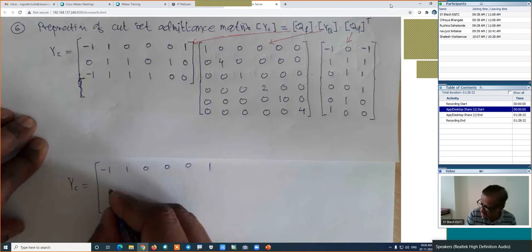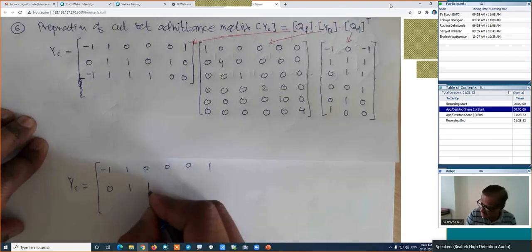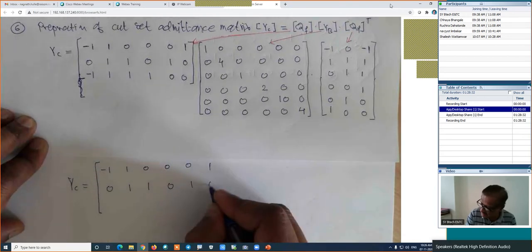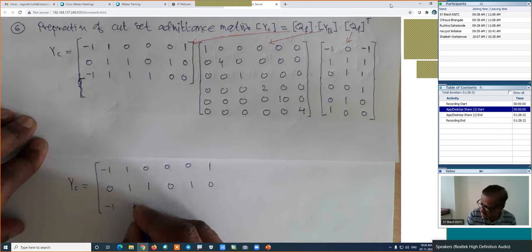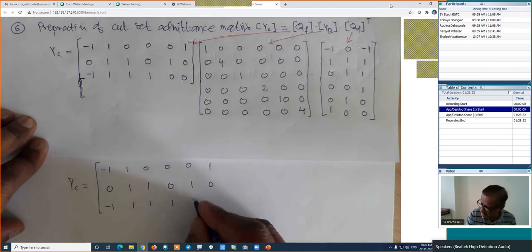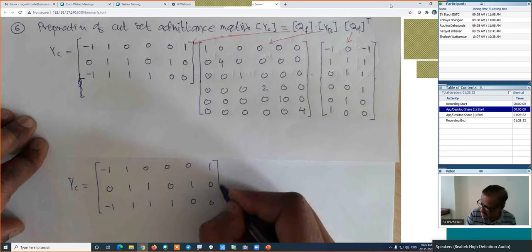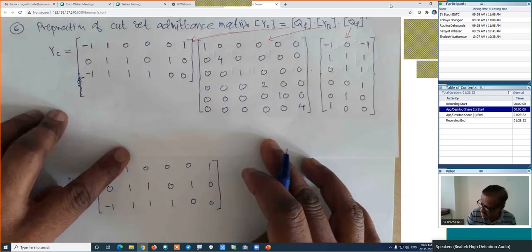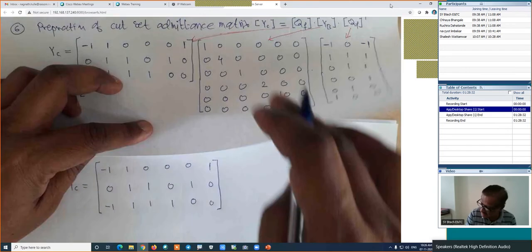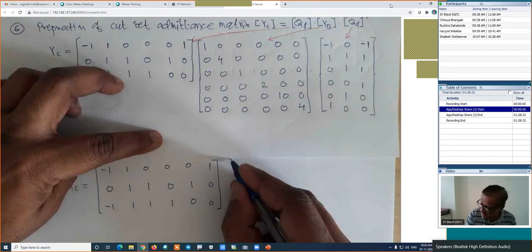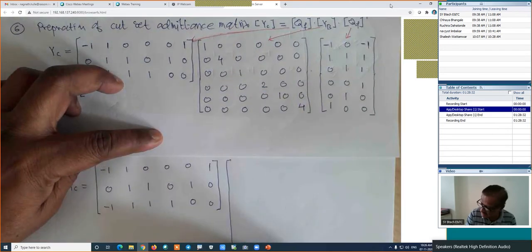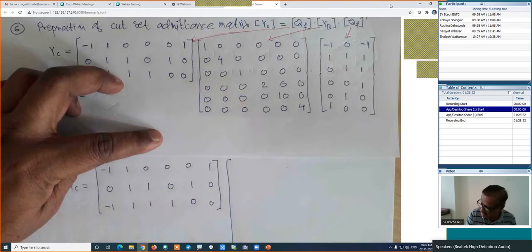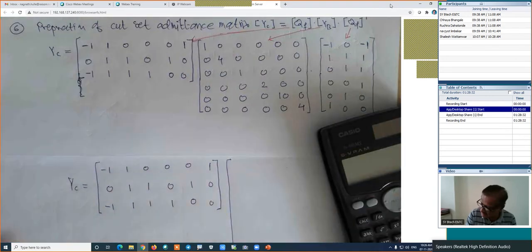This will be 0, 1, 1, 0, 1, 0. This is minus 1, 1, 1, 1, and this will be 0, and this is 0. Is it right? Now we will prepare the multiplication of this matrix and this matrix. That matrix we will prepare here. The multiplication of the two matrices we are trying to prepare in this particular case.